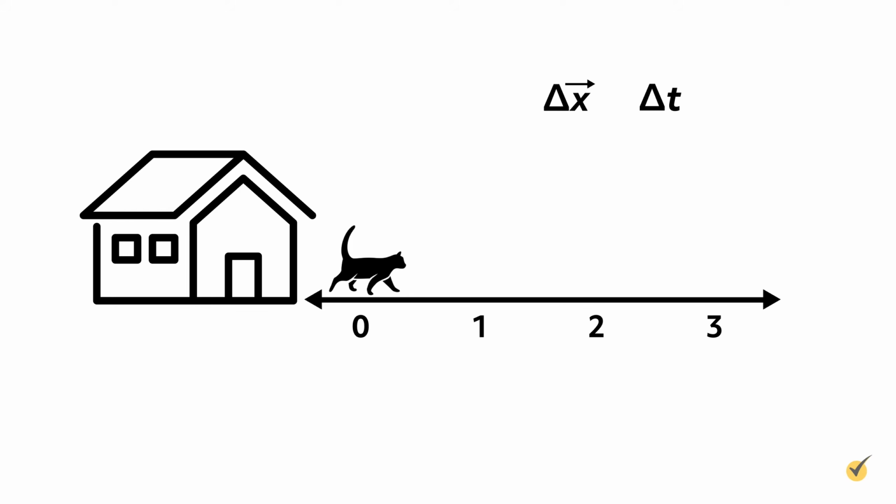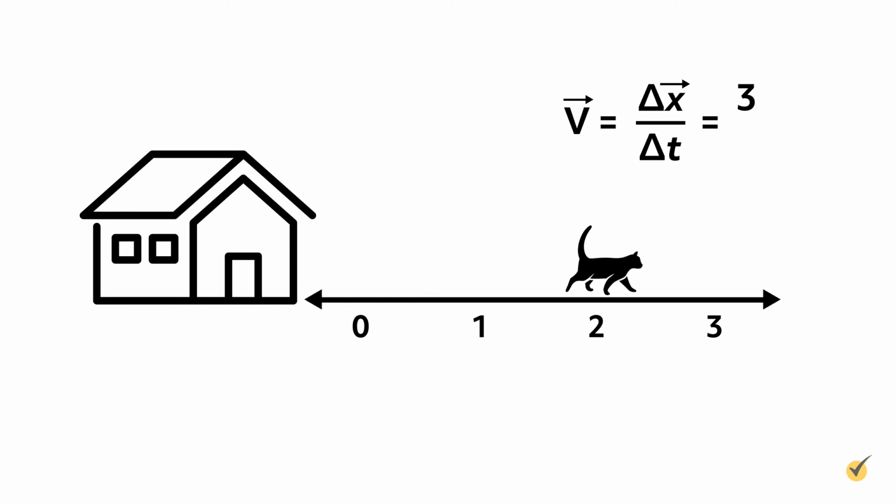This change in displacement over time, t, is defined as the velocity and written as delta x over delta t. We can see that the cat walked 3 meters away, which took it 5 seconds to do. Notice the arrow over the velocity and displacement symbols, and recall there are 2 fundamental quantities in physics.